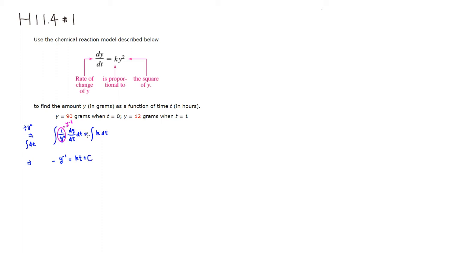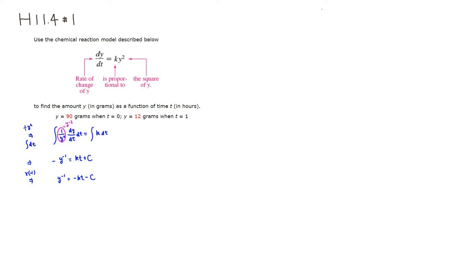Then multiply both sides by negative 1. So you get y to the negative 1 is equal to negative kt minus c. Can I call this k1?